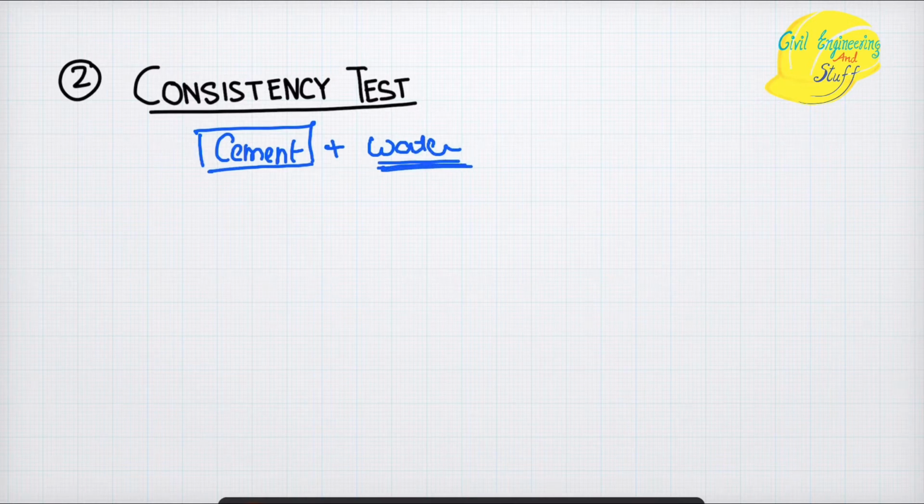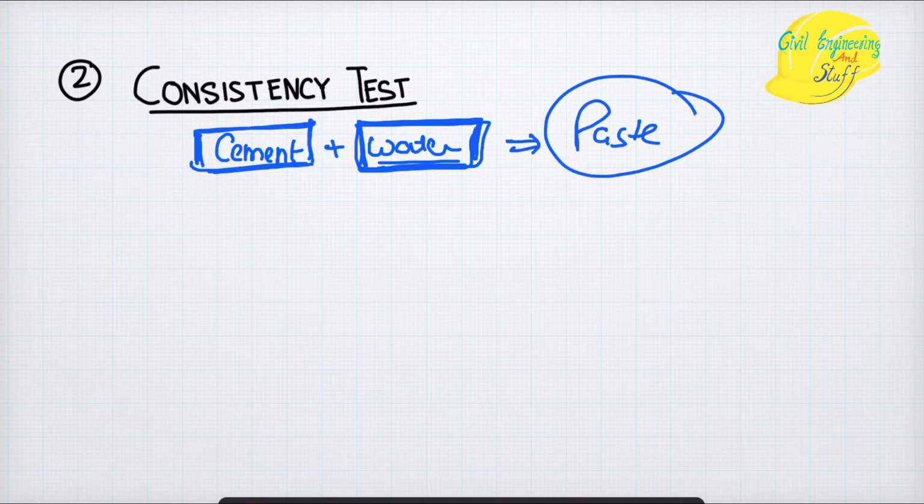Now, to a certain quantity of cement, what quantity of water will be appropriate to get a very homogeneous paste?